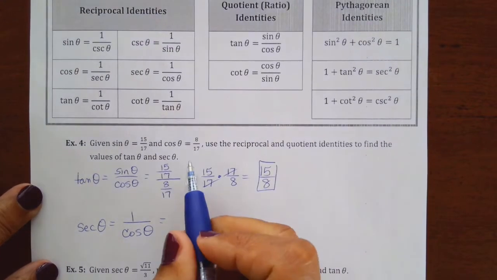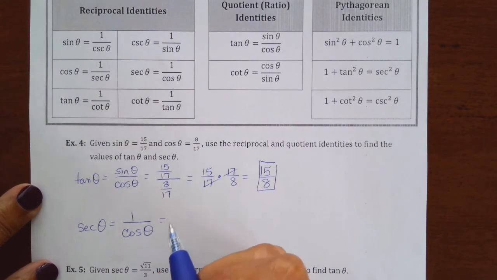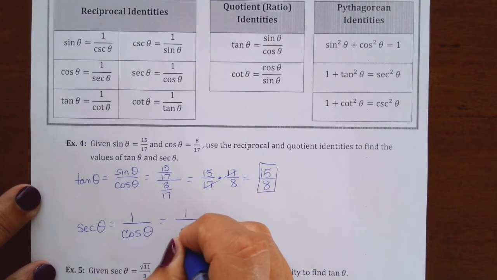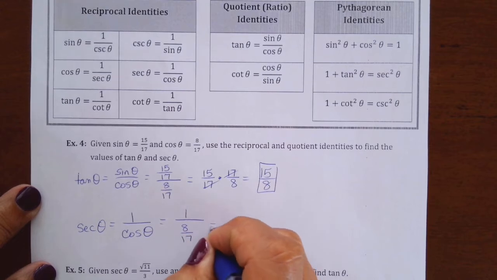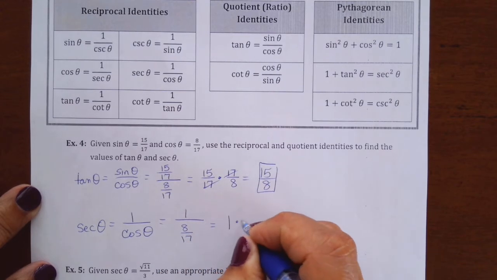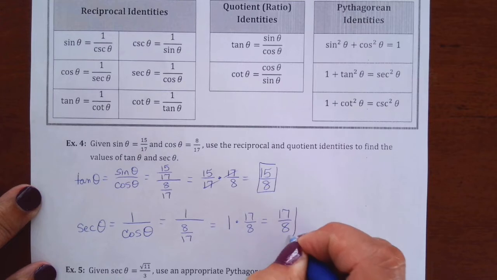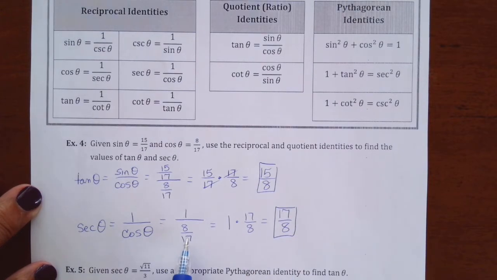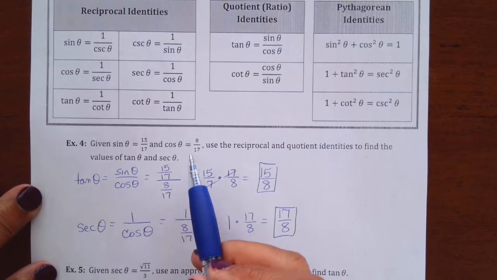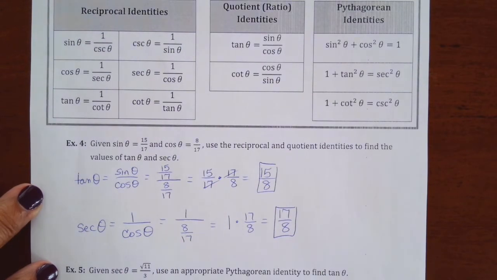Well, the cosine value is given to me, so the secant would be 1 over 8/17, which again is just the reciprocal, 1 times 17/8, which is just 17/8. Now I really didn't need to do all that. Hopefully you know that the secant is the reciprocal from the first few pages, but it works that way just as well.